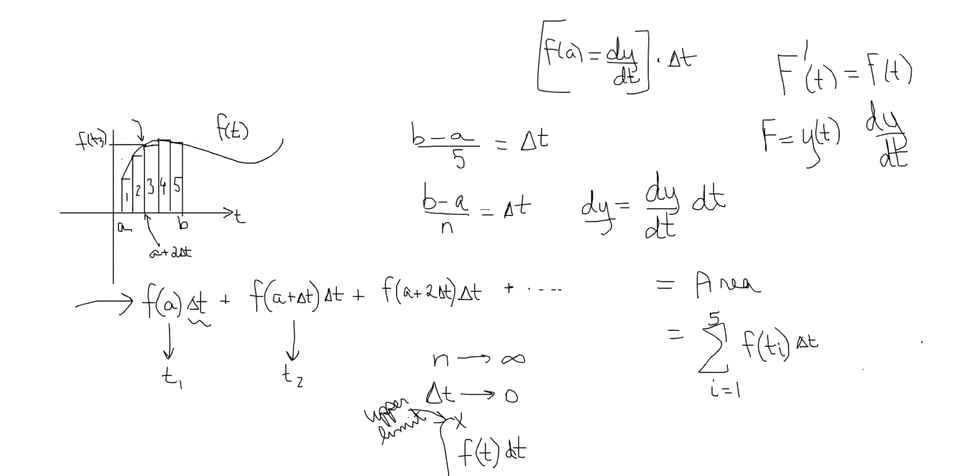And that we understand to be the incremental change in this capital F function, and I'll actually call it dF, as we go from a to a plus delta t. So this represents an incremental change in the capital F function.